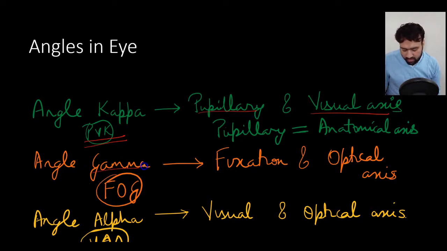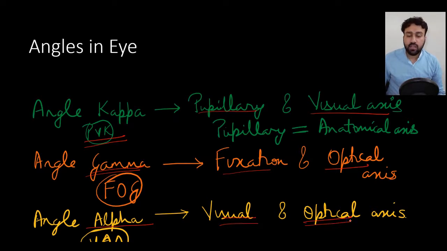The second one is angle gamma, the angle between fixation and optical axis. I remember that using the mnemonic FOG. And the third is angle alpha. I remember this using VOA: visual and optical axis, the angle they make is known as angle alpha.